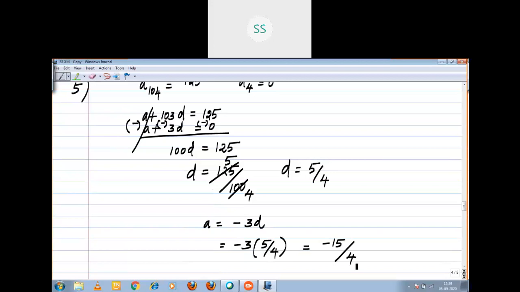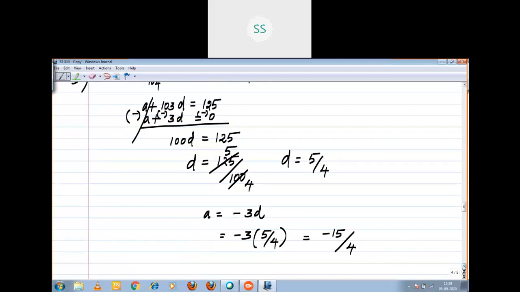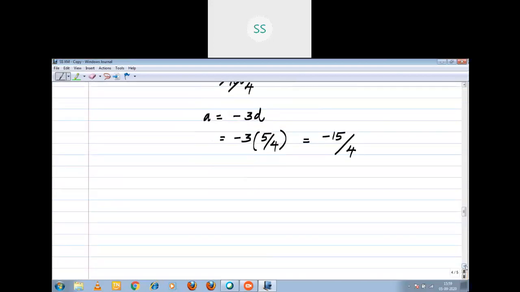You have the first term, you know the common difference, then they are expecting 35 terms. That means you know n. N equal to 35. So 35 by 2.